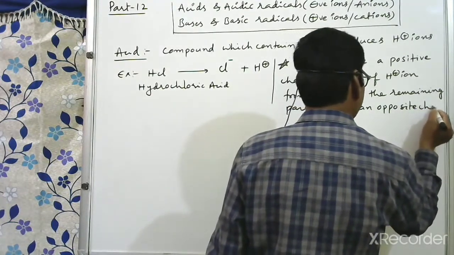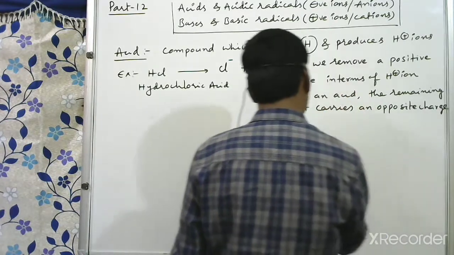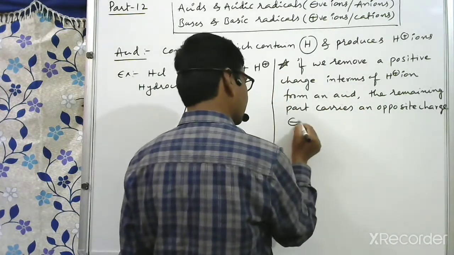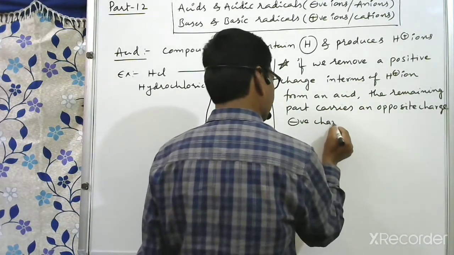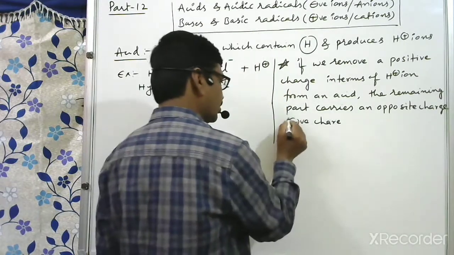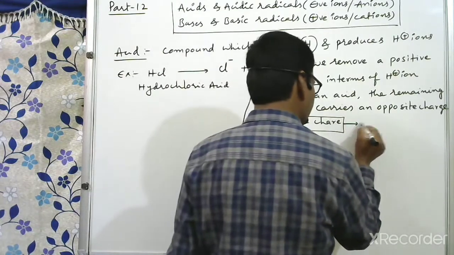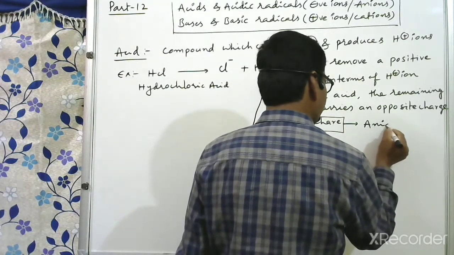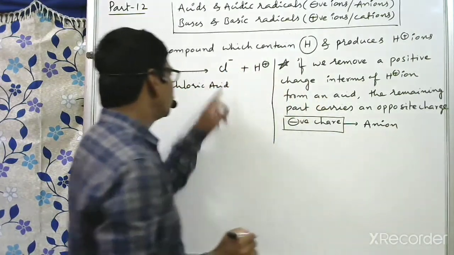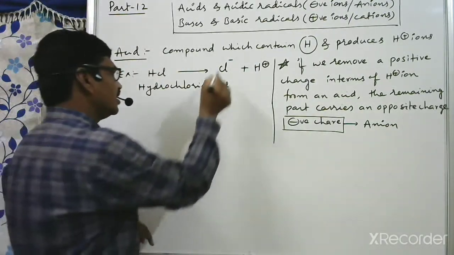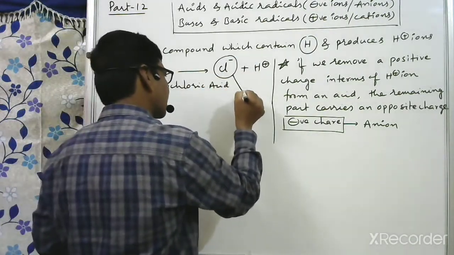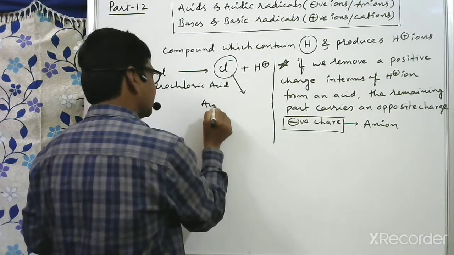Opposite charge here is negative charge. So this negatively charged ion is nothing but an anion. So an anion is produced from an acid. So this anion, which is nothing but Cl minus ion, is called an acidic radical.